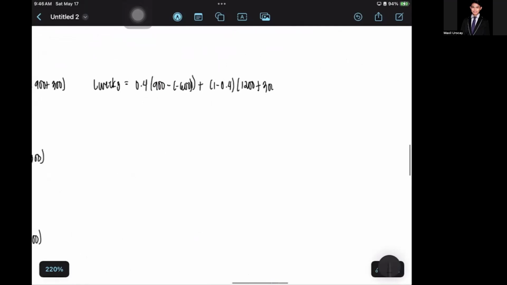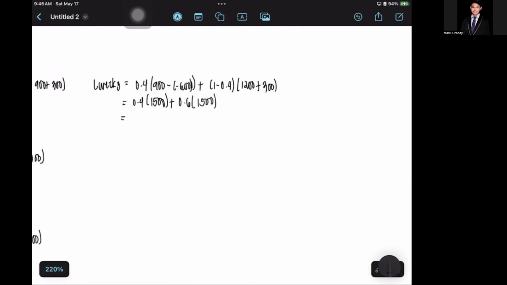So calculating that: 0.4 times 900 minus negative 600, that will become 1,500. And plus 0.6 times 1,200 plus 300, that is 1,500.